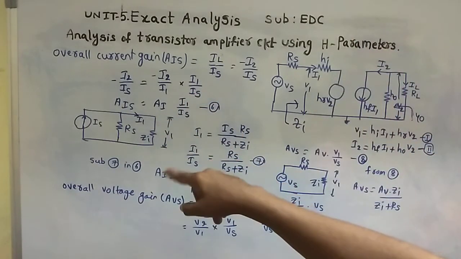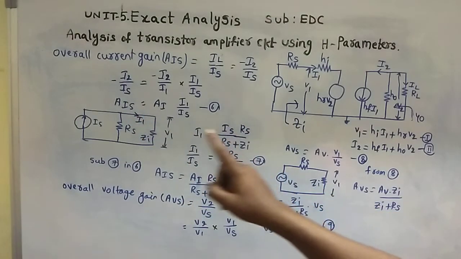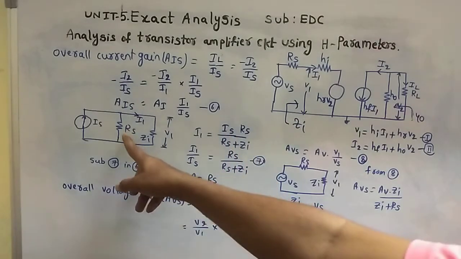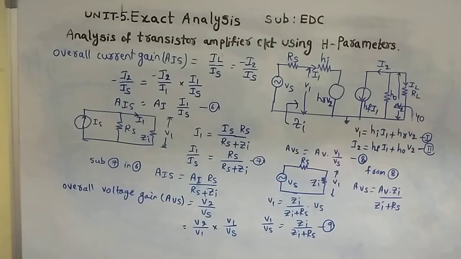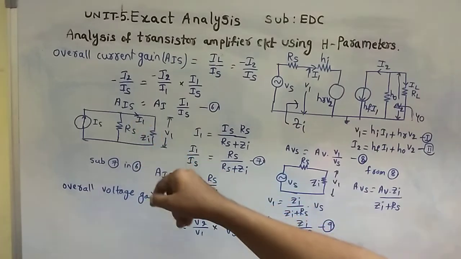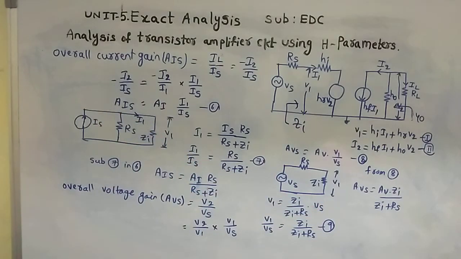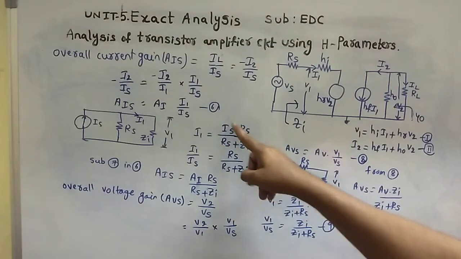Then from this I am going to find I1 is equal to Rs by Rs plus Zi, opposite resistance by total resistance into current source, current division rule. So I1 is equal to Rs by (Rs plus Zi) into applied current source Is.